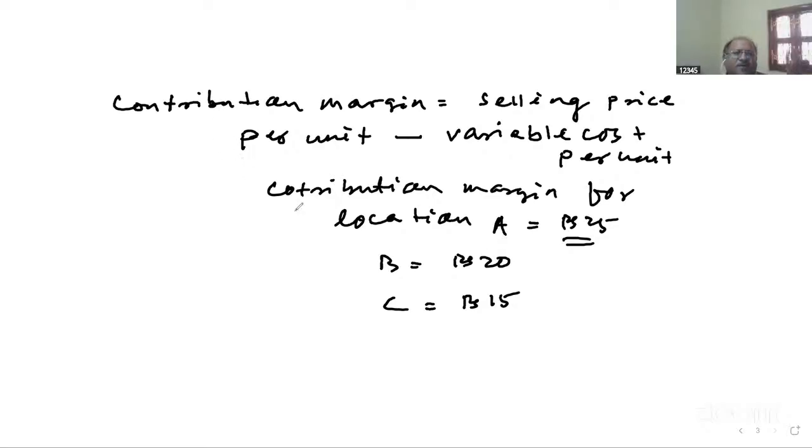These are the theories of facility location. We have been discussing factor rating method, point rating method, then centroid method, center of gravity method, then break-even analysis. You have to use that formula.